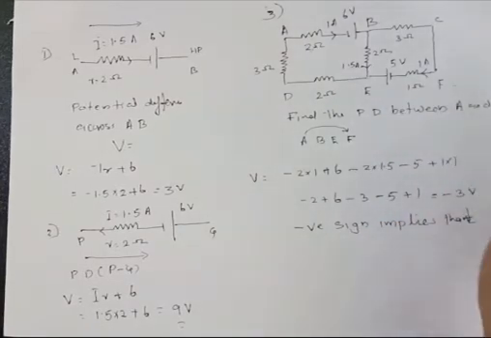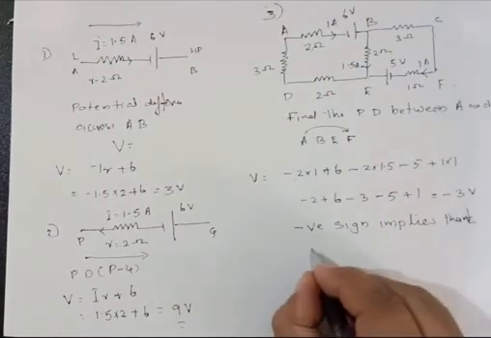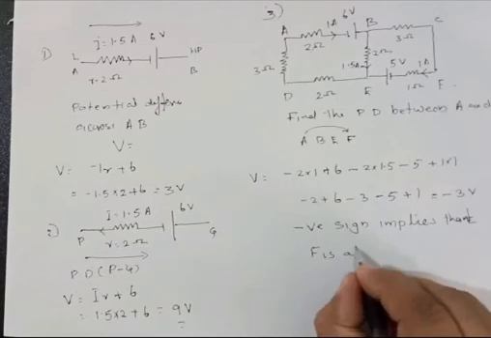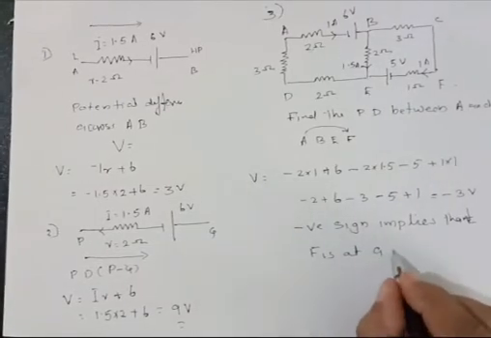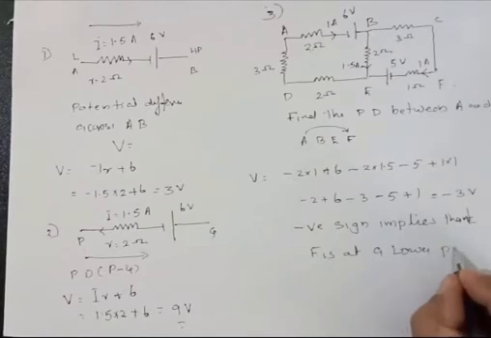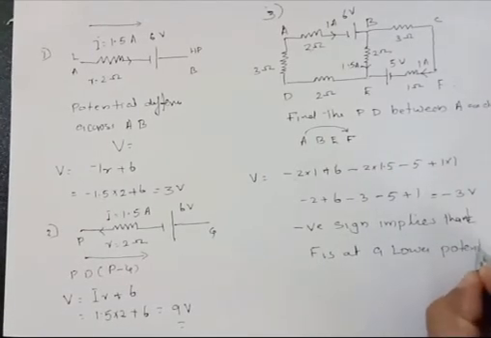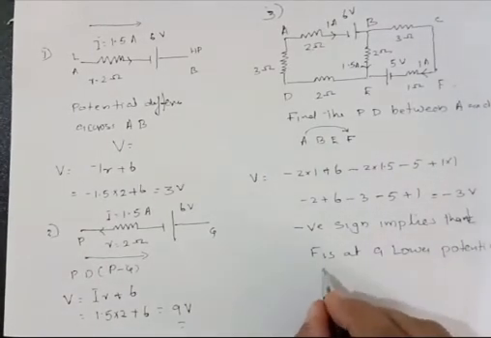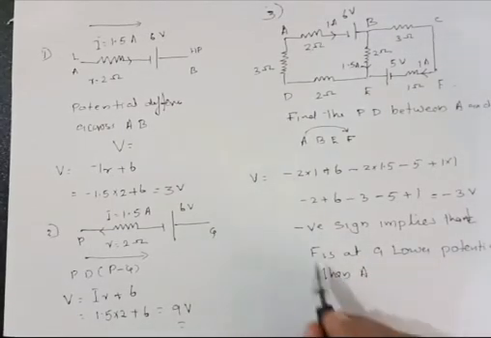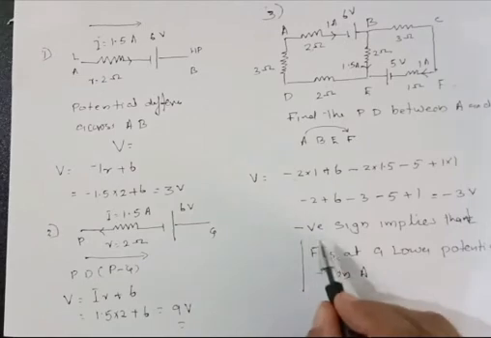What does it mean? F is at a lower potential than A. That is the meaning of the negative sign.